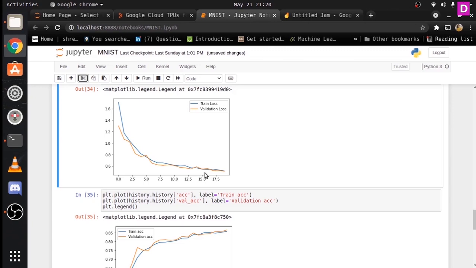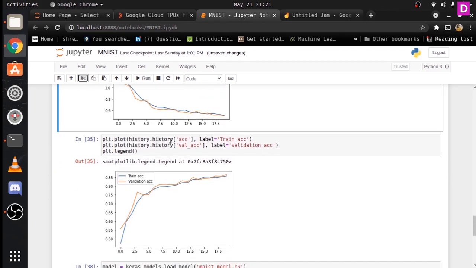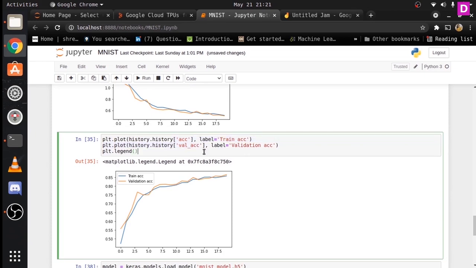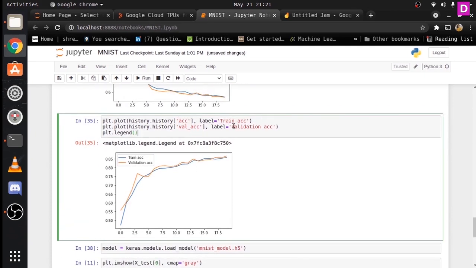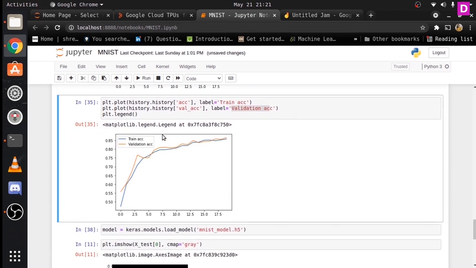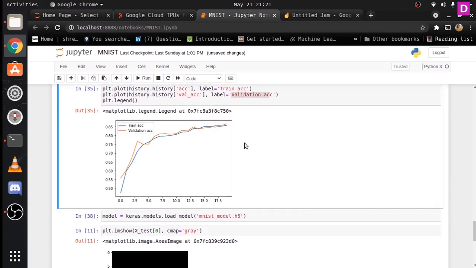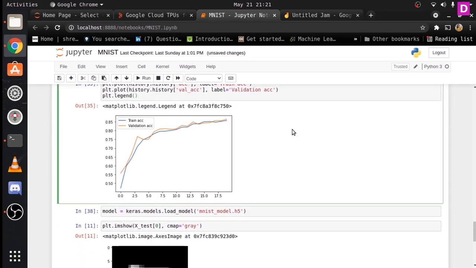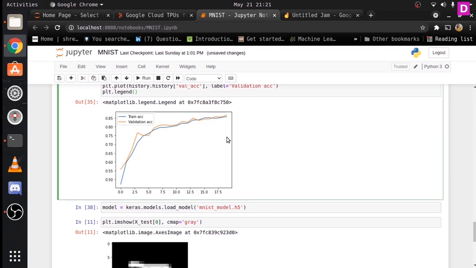Here you can see the validation loss and the train loss graphs are very close to each other, which means it is neither underperforming nor overperforming. The same way we can plot the accuracy. We have training accuracy and validation accuracy, and you can see they are very close to each other.